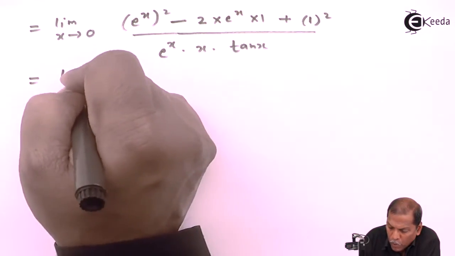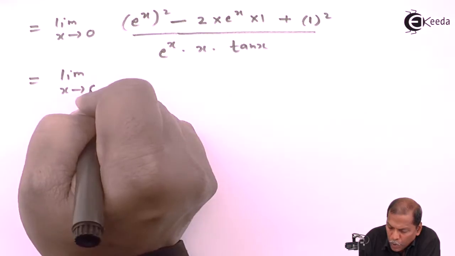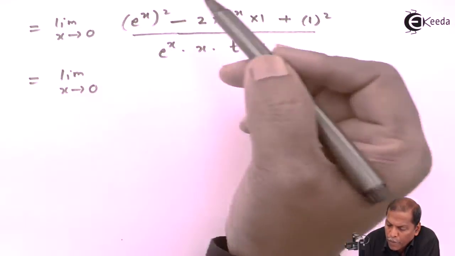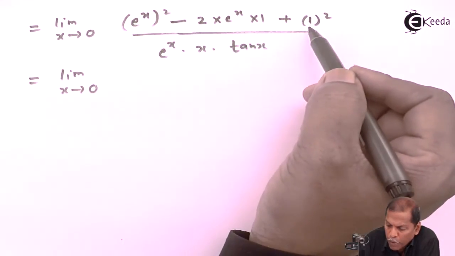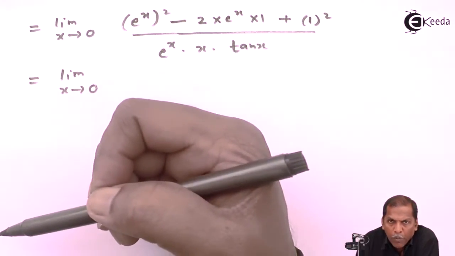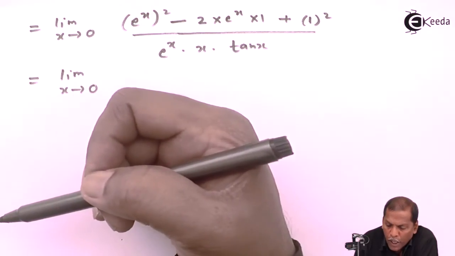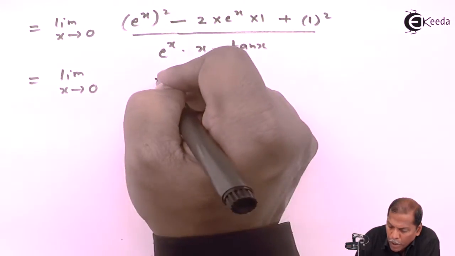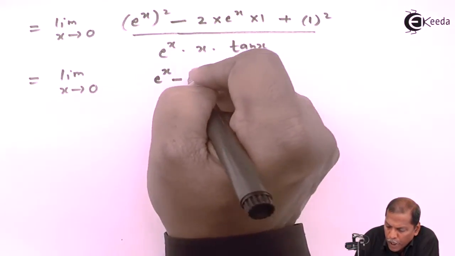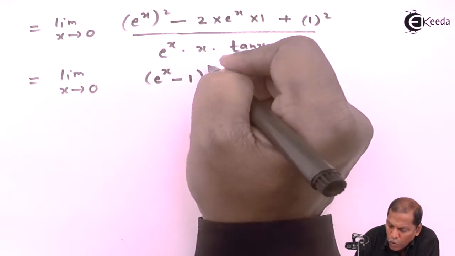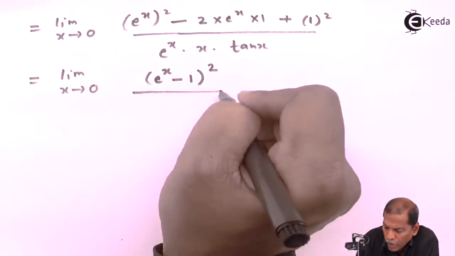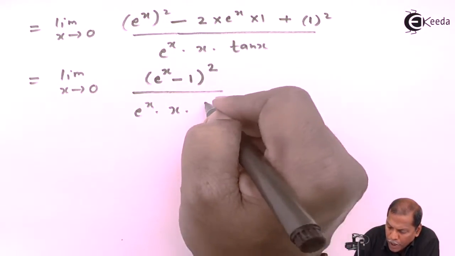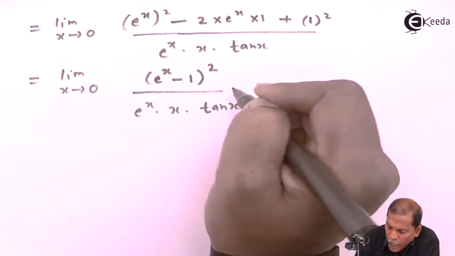Now the numerator is of the type a^2 - 2ab + b^2, so it is (a - b)^2. In the present case, a represents e^x and b represents 1. So it is a complete square: (e^x - 1)^2 upon e^x into tan x.